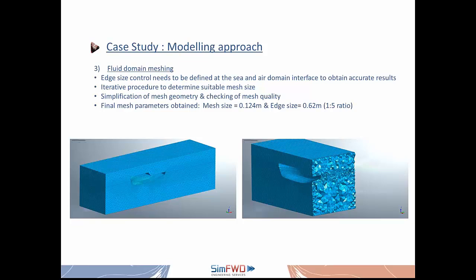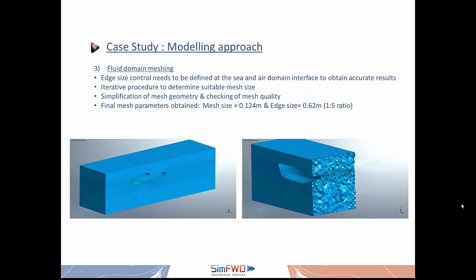So the final mesh parameters here: you can see that the overall mesh size is 0.124, while the edge size is 0.6, coming to a 1 to 5 ratio, and you can see the refinement level between the air and the fluid domain.